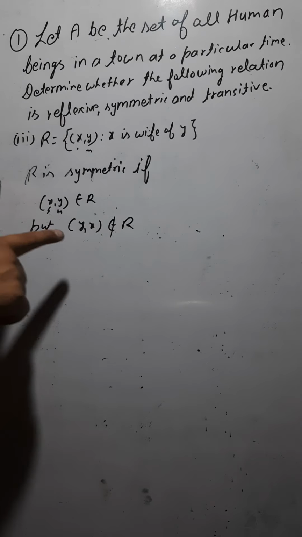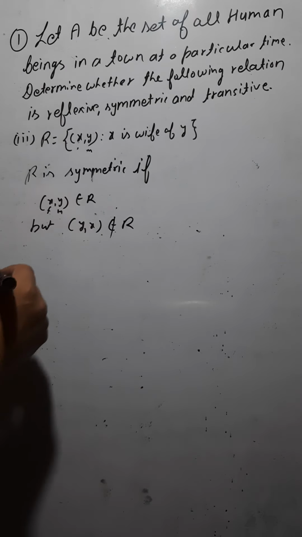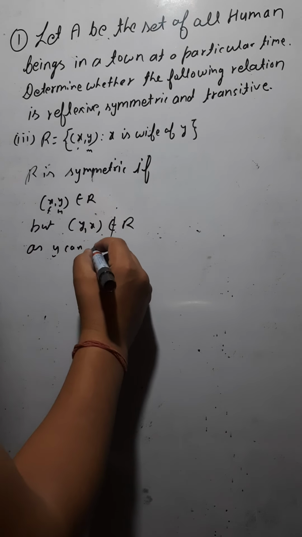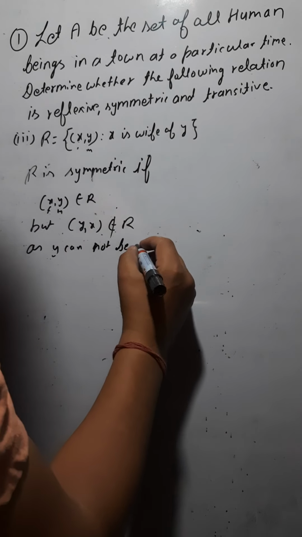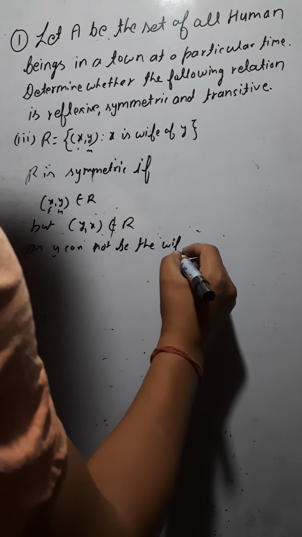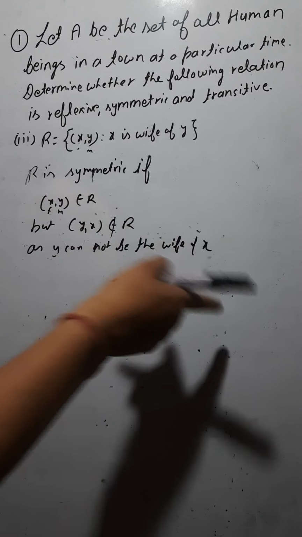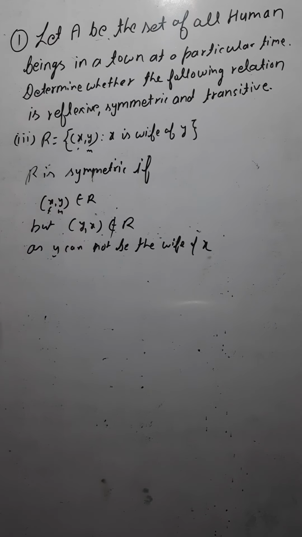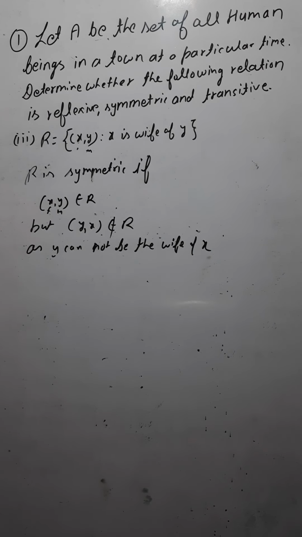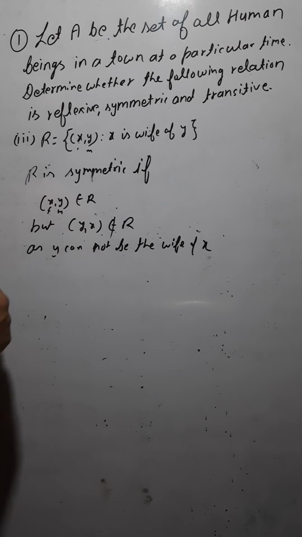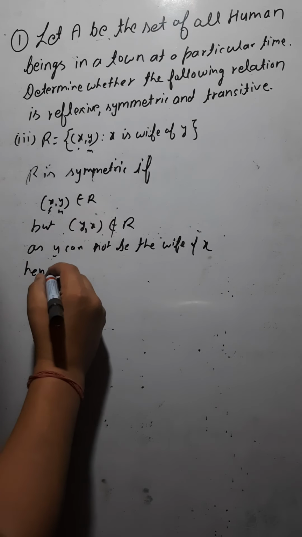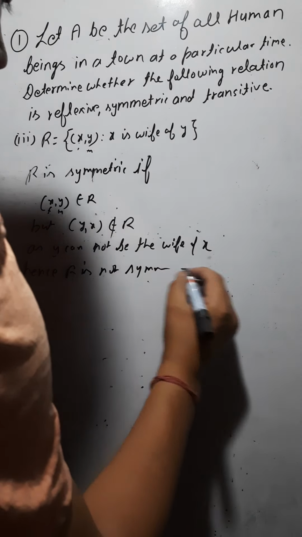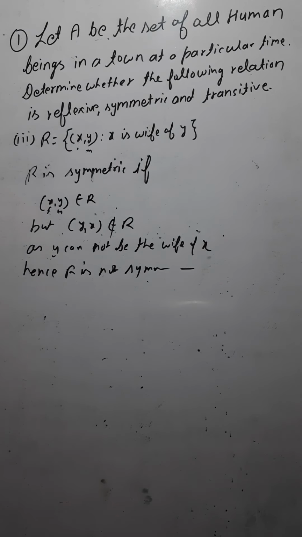As I would write, y cannot be the wife of x, because x is the wife of y. So hence R is not symmetric. Note it down.